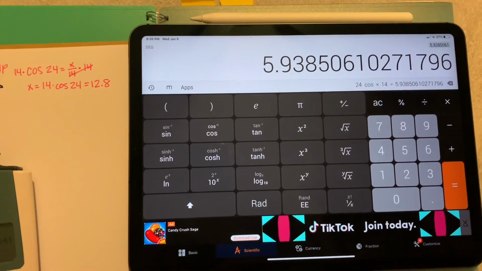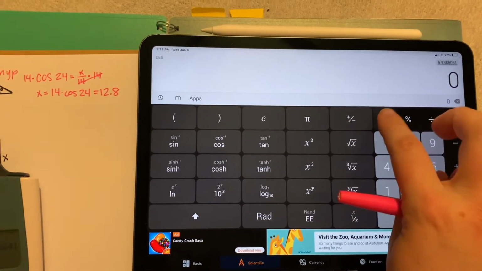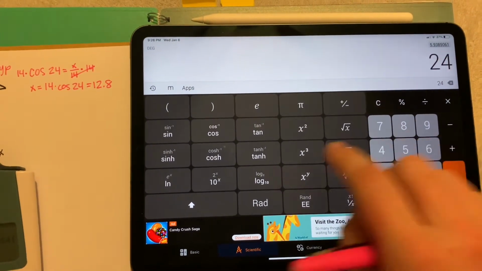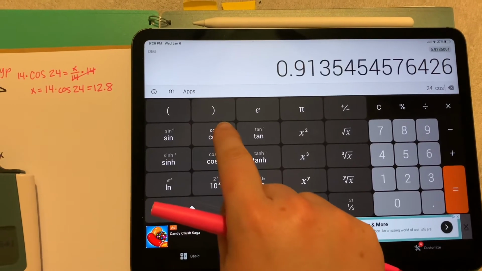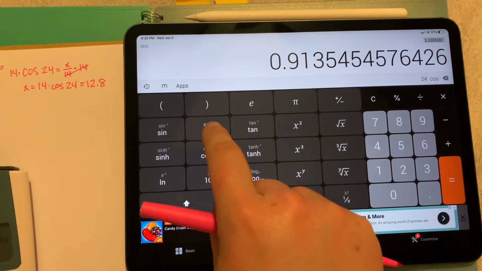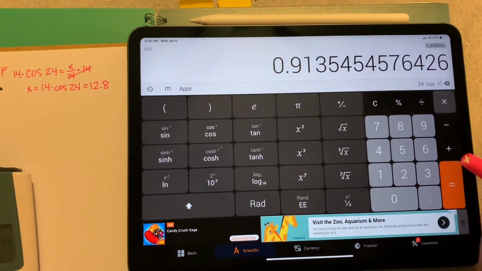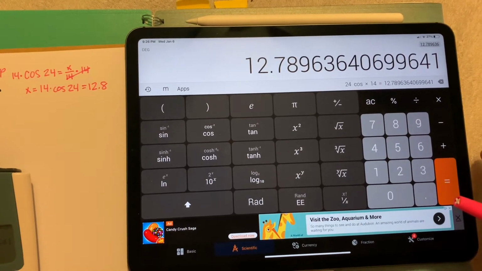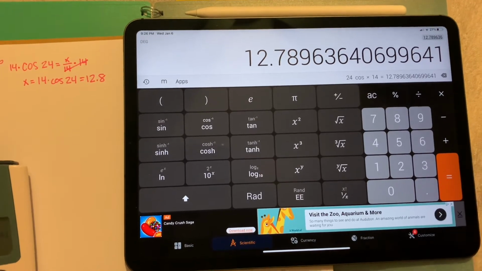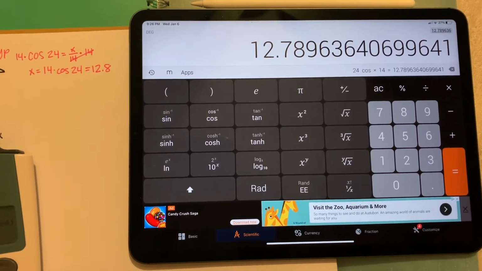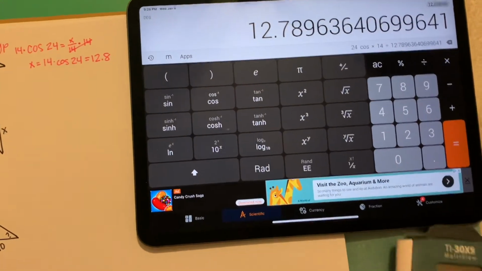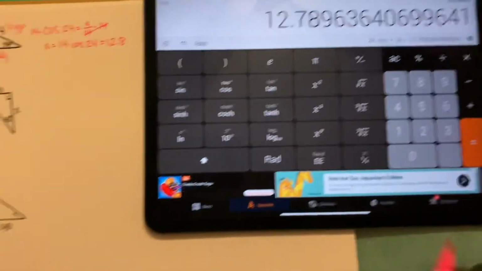Okay, well that didn't work. Let me see something. Sorry. There we go. I must have typed something wrong before. Sorry about that. That's how you would do it on a regular phone calculator.